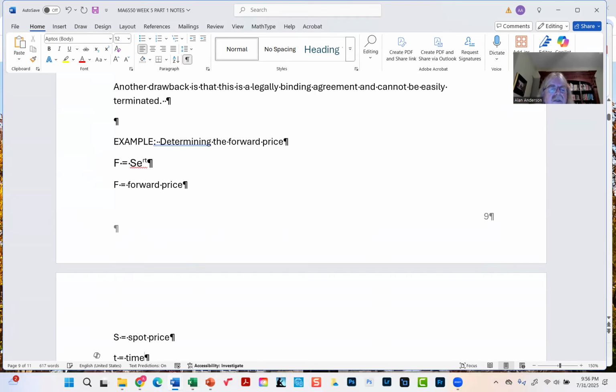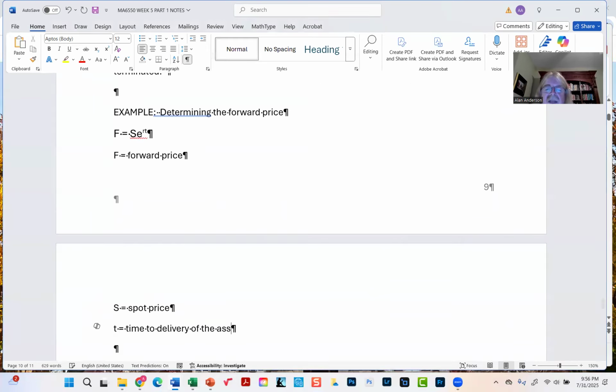T is the time to delivery of the asset. Okay, in other words, if it's a 6-month contract, that would be half a year. And then R is the risk-free rate of interest, which means the yield on a treasury security with the same maturity as this contract.